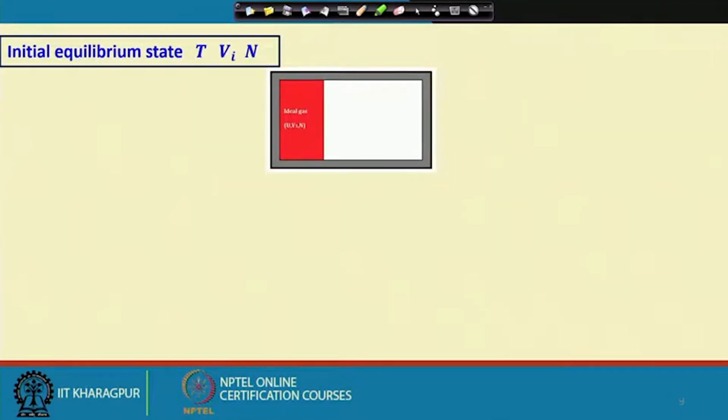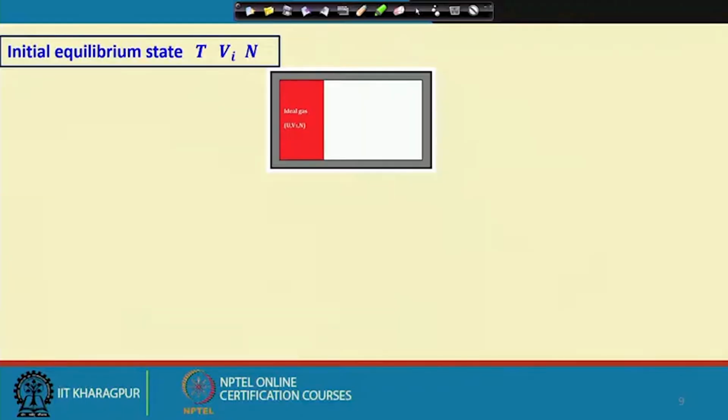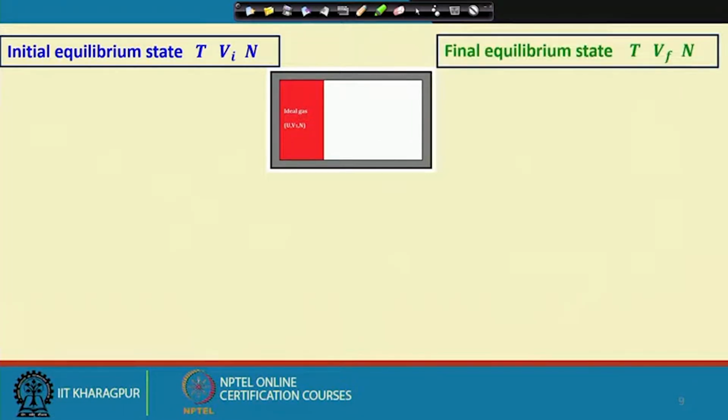This is the system that I am talking about, which I have already explained, and from your previous exposure to thermodynamics, you probably know that this is essentially the system used in Joule's experiment, the celebrated experiment carried out by Joule, where the ideal gas is placed in one part of the insulated box, and on the right side there is an absolute vacuum, and a change in state is induced by withdrawing this separator and allowing the gas to expand.